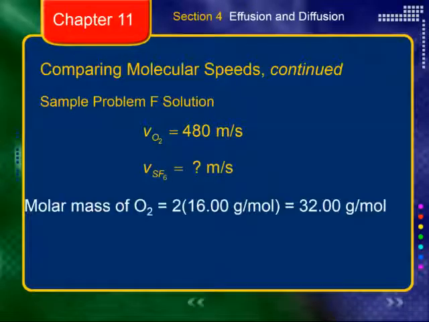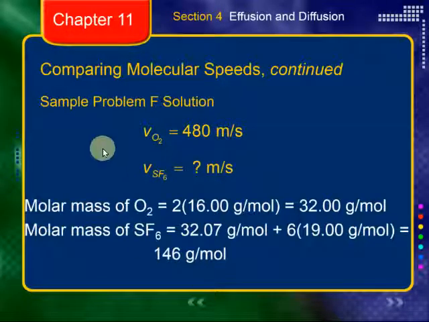So let's take a look at what we know so far. We know the velocity of O2, which is 480 meters per second. We're being asked for the velocity of SF6. We don't know how fast it's going. We do know the molar mass of oxygen. It's 2 times 16 because 16 is the mass of one oxygen. And so the molar mass of O2 is 32.00 grams per mole.